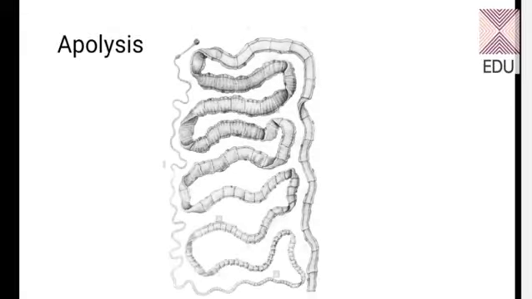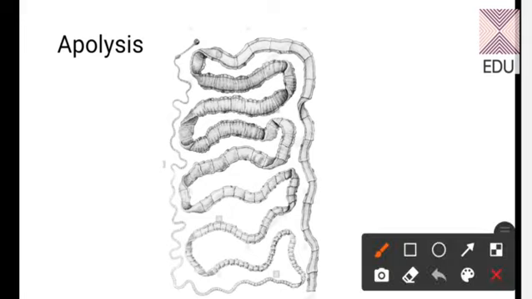And the most important thing is what is present in those gravid proglottids. If these proglottids break down and come out, they have the egg capsules. One gravid proglottid may have 30 to 40,000 egg capsules.